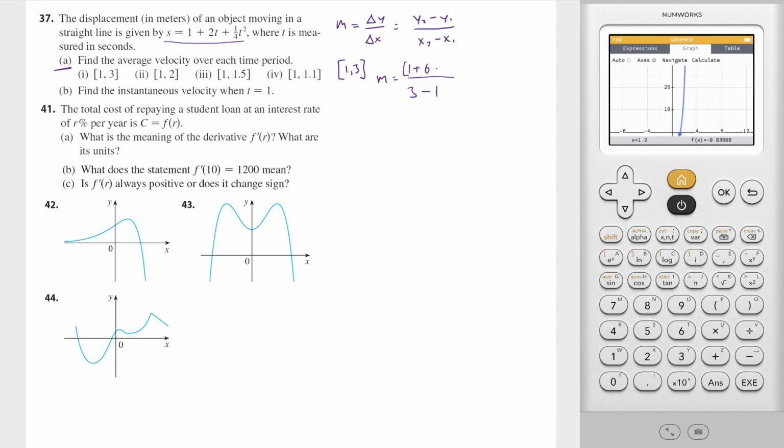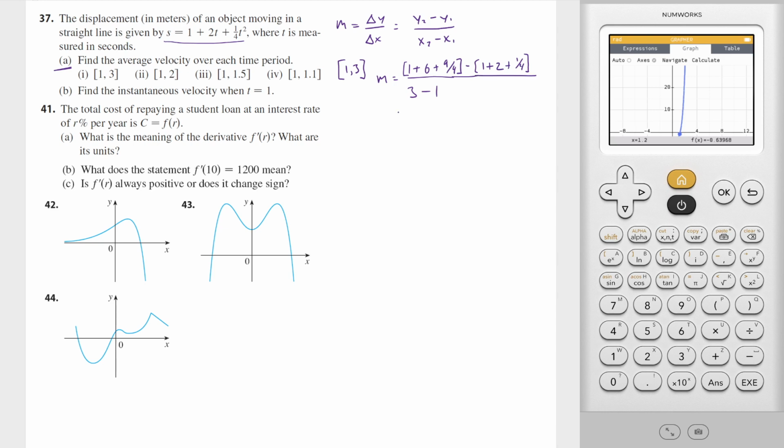1 plus 6 plus 9/4, because 3 squared is 9. Okay, so plus 9/4 minus 1 plus 2 plus 1/4.